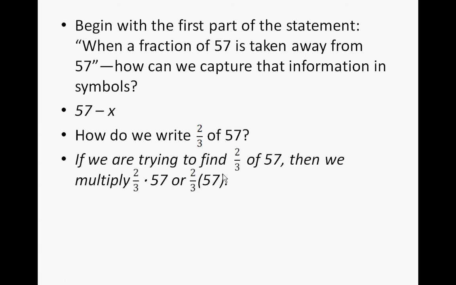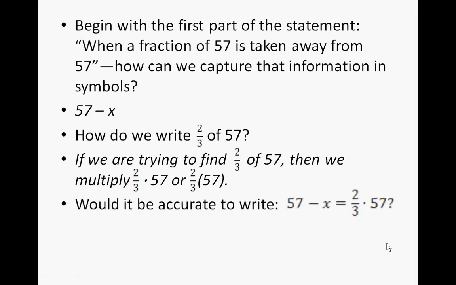Again, we are trying to find 2/3 of 57. So we are multiplying 2/3 times 57, or again, we can drop the dot representing multiplication and just use parentheses. That is typically the more common and more acceptable way of showing multiplication. So 2/3 of 57.